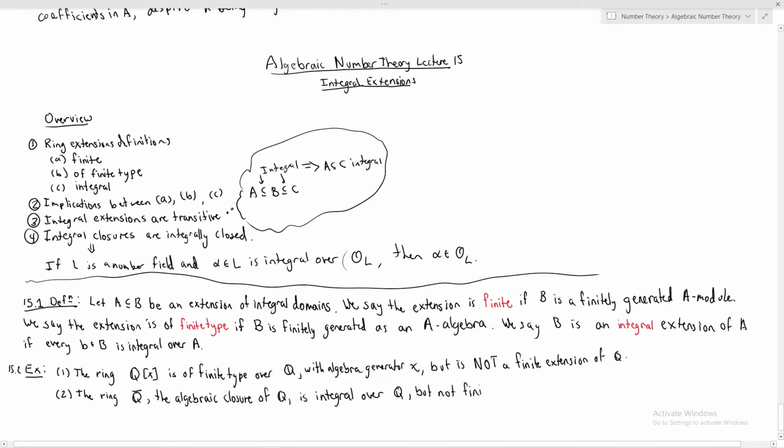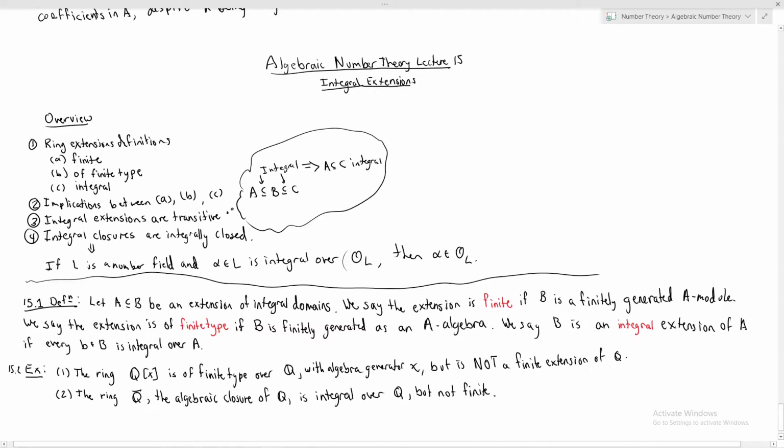There are really two claims hiding in here. The fact that it's integral over Q: well, Q is a field, so integral is equivalent to algebraic, and every element of the algebraic closure is algebraic over Q.